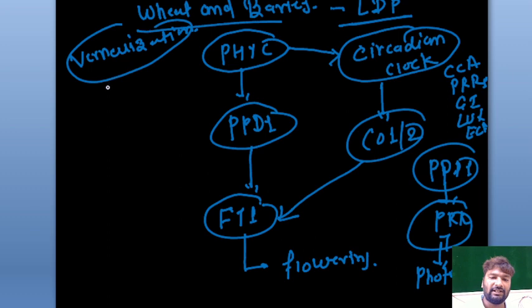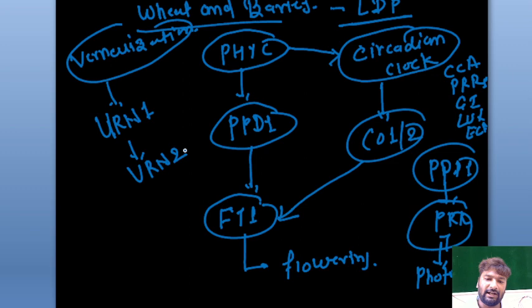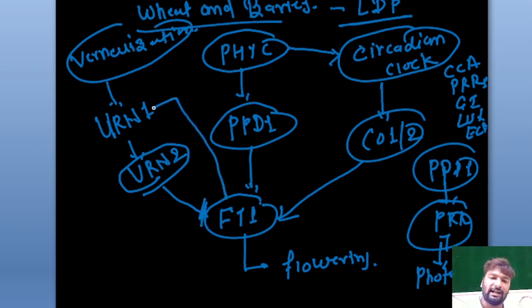In vernalization, there is a gene which activates VRN1, and this VRN1 activates VRN2, which acts as a flowering repressor and inhibits the FT1 genes. Expression of this FT1 gene activates VRN1. So this is the regulation of the photoperiodic pathway and the crosstalk of vernalization and circadian clock in the regulation of flowering in wheat and barley.